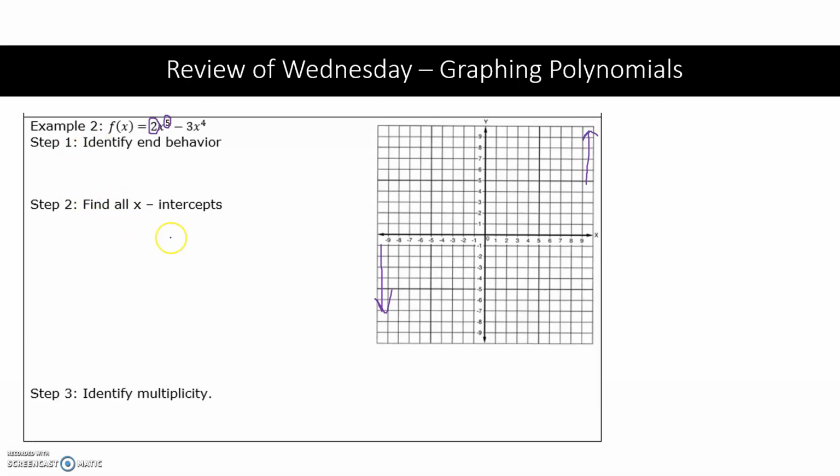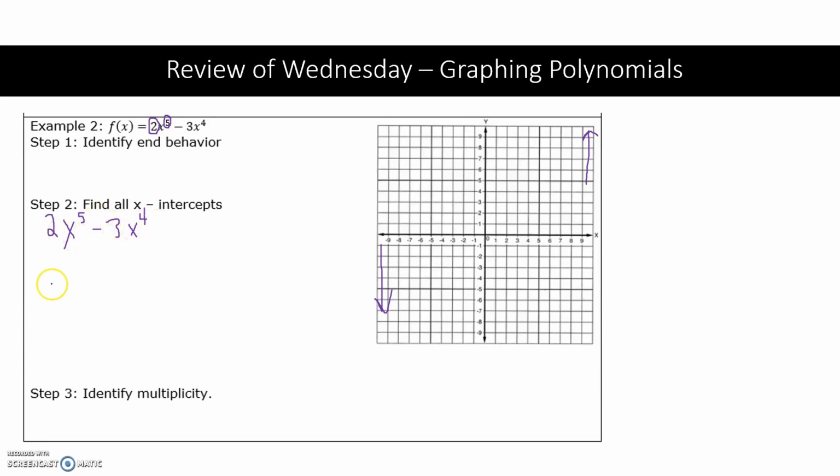Okay. So finding all my x-intercepts is going to be a little bit more difficult because I have to actually factor it. So if I have 2x to the 5th power minus 3x to the 4th power, since they don't give me any factors, I have to look at these two terms and I have to figure out what do they have in common.